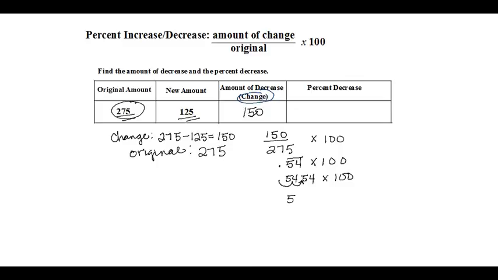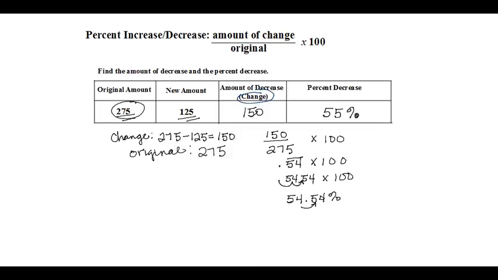So we get 54.54%. And if we're rounding to the nearest percent, which we typically are, then that would round up. If we look next door, we have a 5 or higher, we go one more. So we're going to have a decrease of 55%.